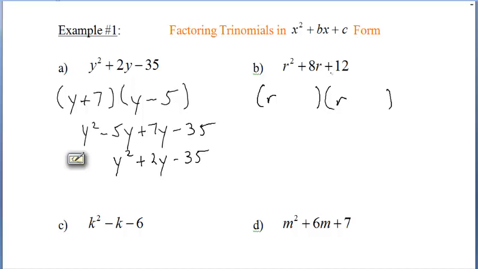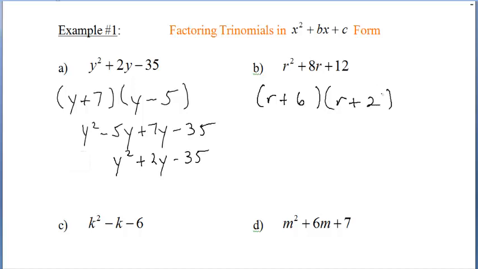In order to get a positive solution in multiplication, our signs have to be the same, either both positive or both negative. Since our middle term has a sign that's positive, that tells us that both of our signs would be positive. So we look for the factors of positive 12 that add to an 8, and that would be a 6 and a 2.